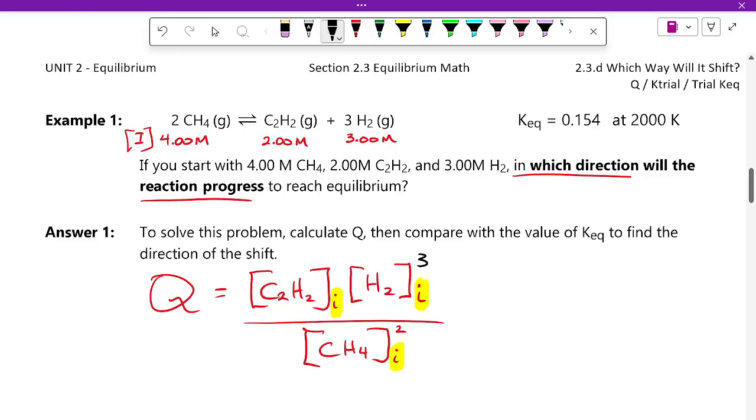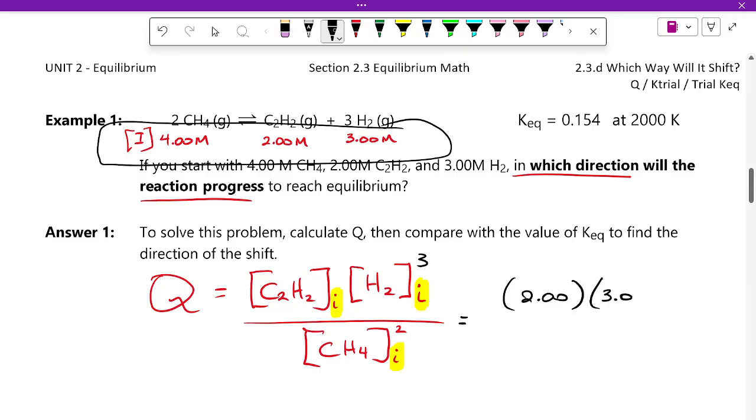Oh yeah, I missed a cube. Thank you. And then we just plug in our initial values.